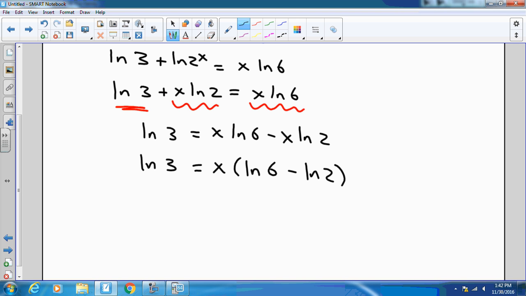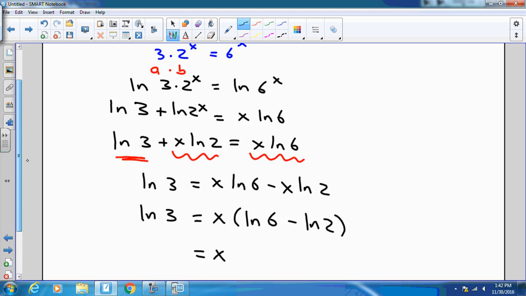Okay. Now at this point, we've actually got a couple of choices. One choice is we could solve directly by dividing, right? But before we do that, do you see anything that looks like any of our log properties? Ln 6 divided by ln 2. Okay.